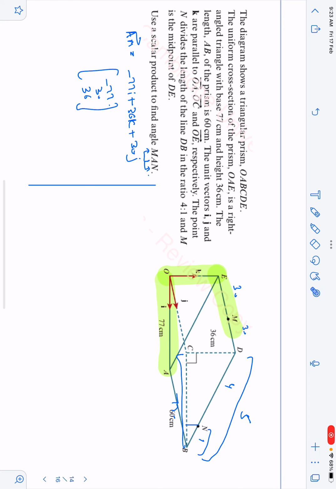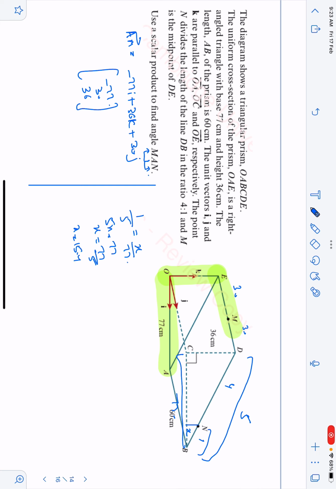this first. So I'm going to write 1/5 equals x upon 77, and x is going to give me this length. Let's cross multiply. 5x equals 77 and x equals 77 divided by 5, which is 15.4.